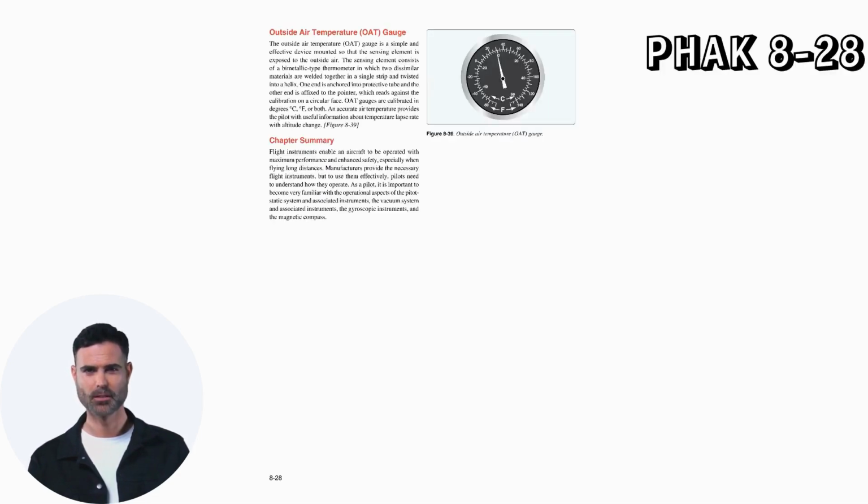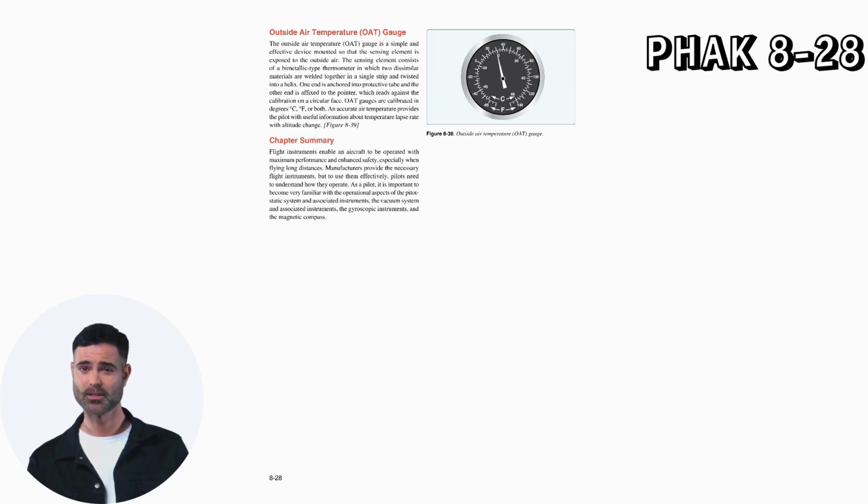Outside air temperature, OAT gauge. The outside air temperature, OAT gauge, is a simple and effective device mounted so that the sensing element is exposed to the outside air. The sensing element consists of a bimetallic type thermometer in which two dissimilar materials are welded together in a single strip and twisted into a helix.